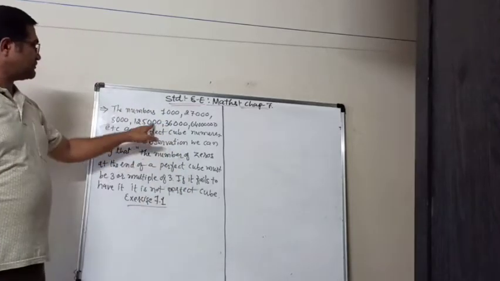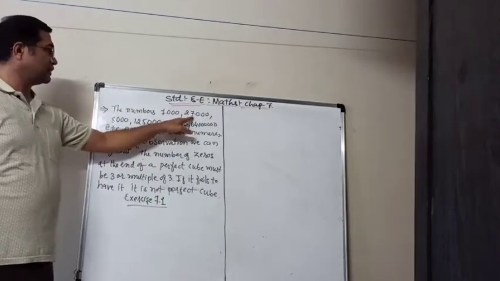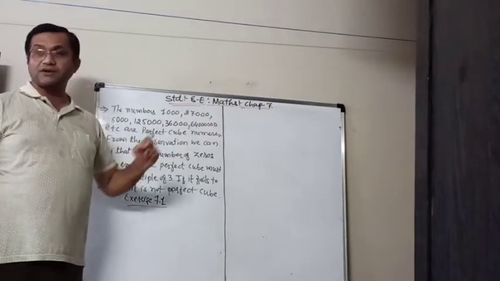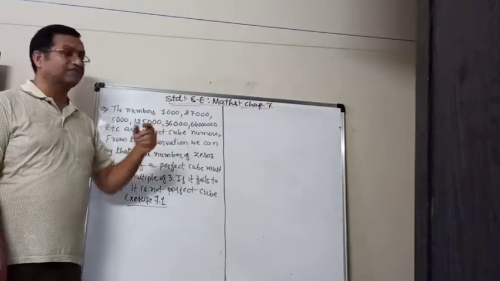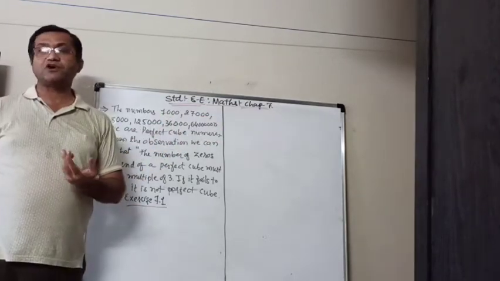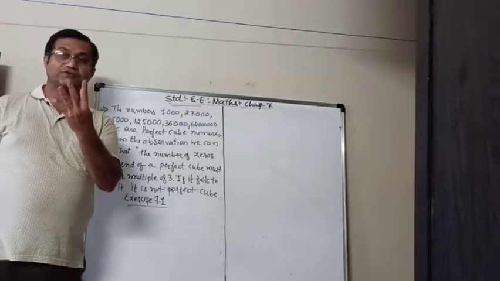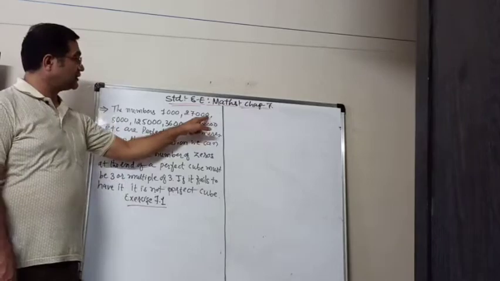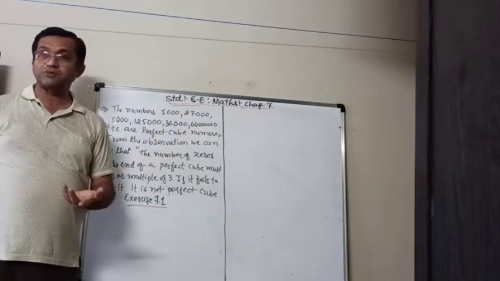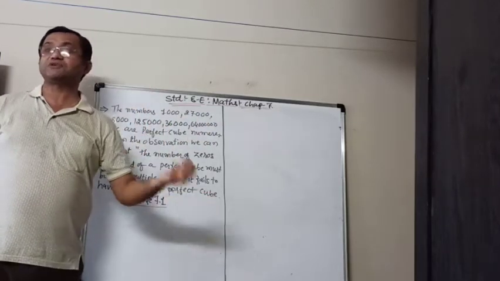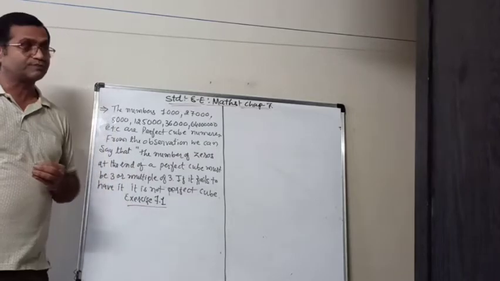We know that 27 is a perfect cube. But if we have 4 zeros here, 270,000, then it is not a perfect cube. 27 is a perfect cube, but there are 4 zeros, so it is not a perfect cube. But here there are 3 zeros, so it is a perfect cube. If it has 6 zeros, then also it is a perfect cube.